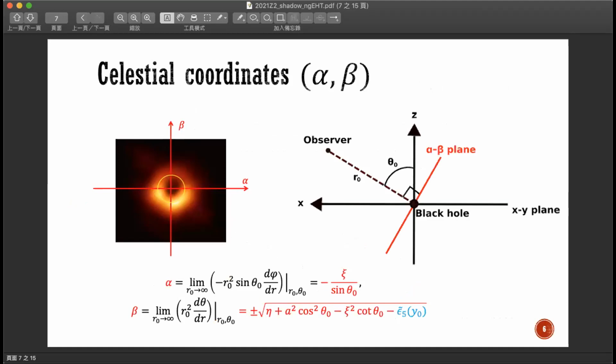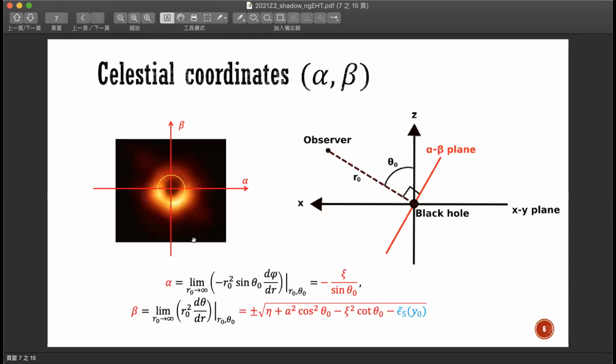So now the question is how does the shadow look for this particularly interesting space-time? To investigate the celestial coordinates, we follow the standard procedure. We define the celestial coordinates, alpha and beta, in the sense that this alpha-beta plane is essentially the plane on which the shadow image is mapped.